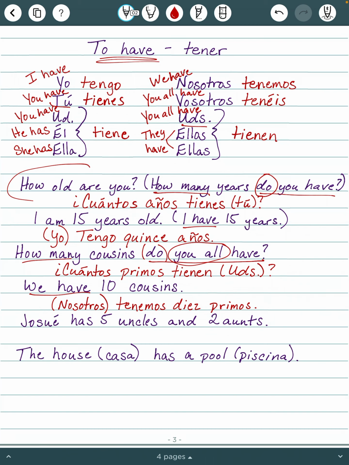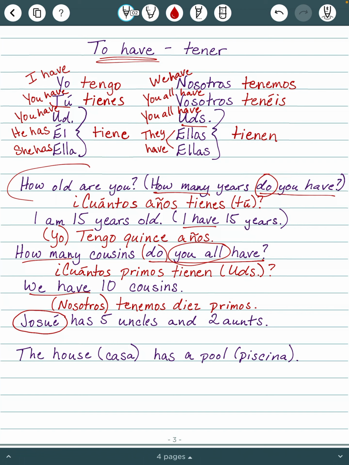All right, Josue has 5 uncles and 2 aunts. This is where you've really got to think. Okay, Josue, I've got to turn that into a pronoun. Instead of Josue has, what could I put in the place of Josue? It wouldn't be I, it wouldn't be you. Josue would be he. So he has.